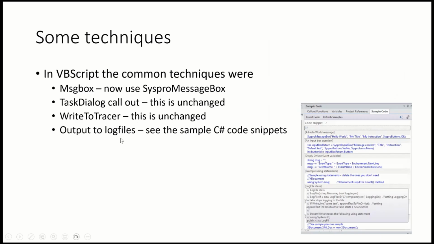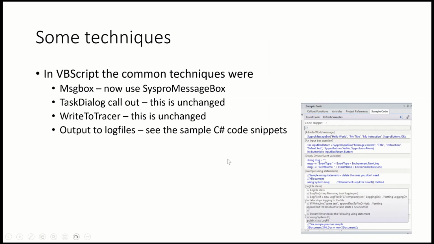You can output to log files, which is very common for debugging. If you go to the sample code tab here, one of the standard C# samples is a log file class, which you can put into your code, or you can just use it as a basis and create your own.